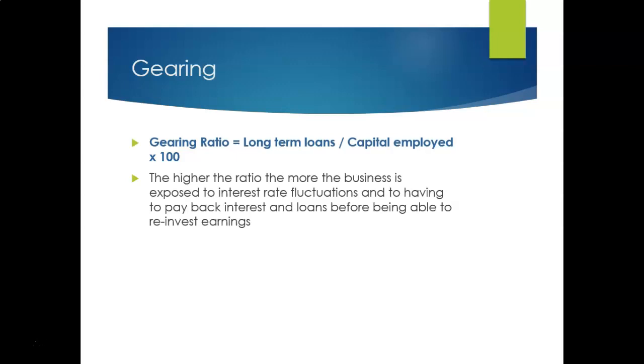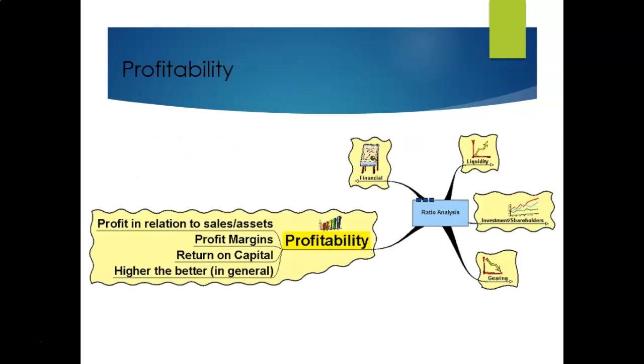So the formula goes: long-term loans divided by capital employed into 100. That means how much I can pay. The higher the ratio, the more the business is exposed to interest rate fluctuations and to having to pay back interest and loans before being able to reinvest in earnings.